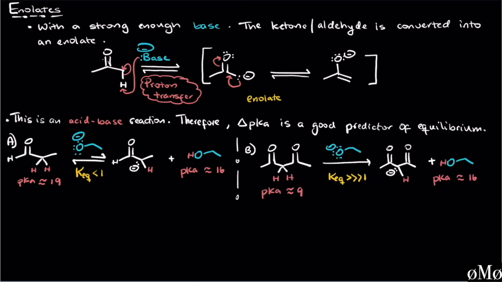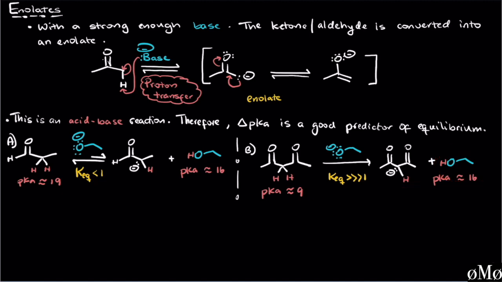On the flip side, though, take this diketone where your two carbonyl groups are separated by one carbon. That has a pKa of about 9, which means taking the same base, your ethoxide, and you try to go through a deprotonation, now that equilibrium is going to shift dramatically towards the formation of your enolate and then the reformation of your ethanol.